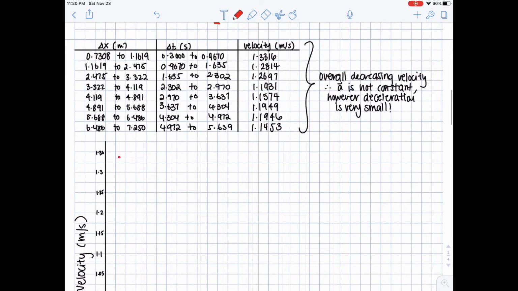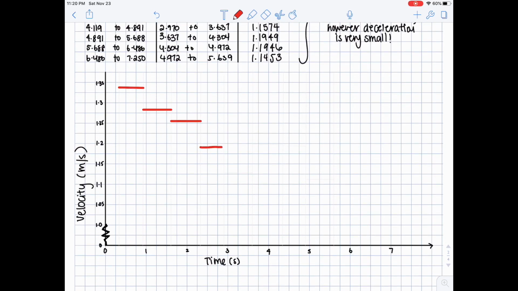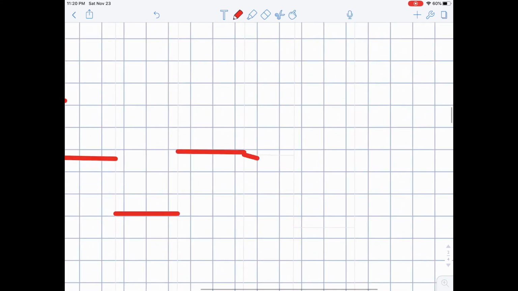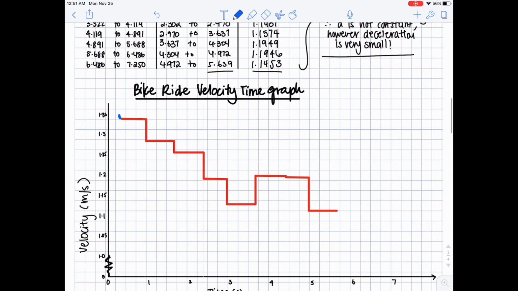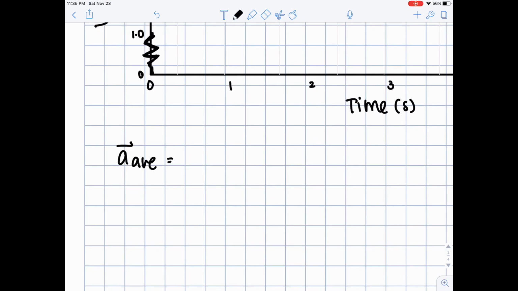Once the velocities have been found, we can generate our velocity time graph, shown here. We can tell that because of an overall decreasing velocity, although very small, the acceleration is not constant. Let's calculate average acceleration.